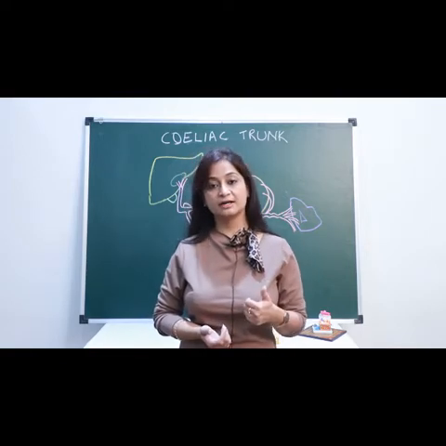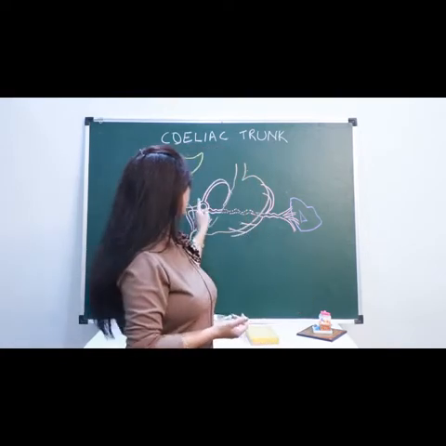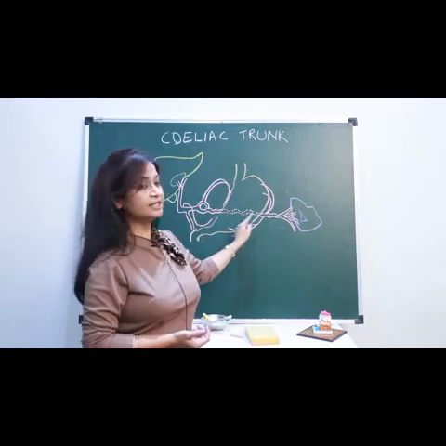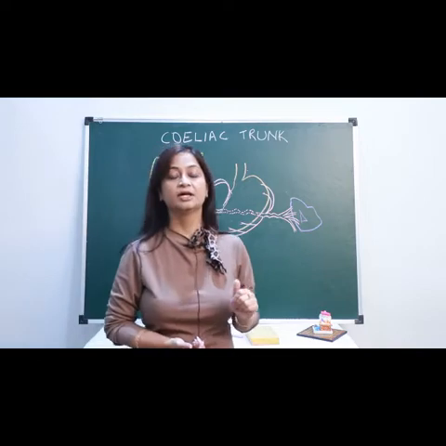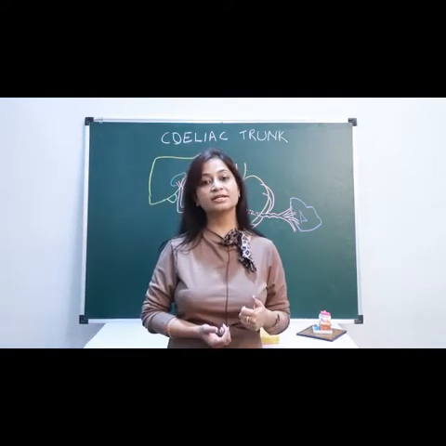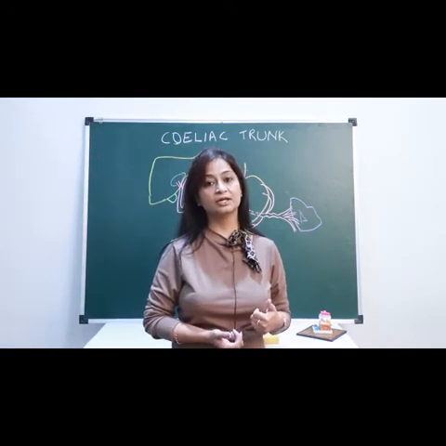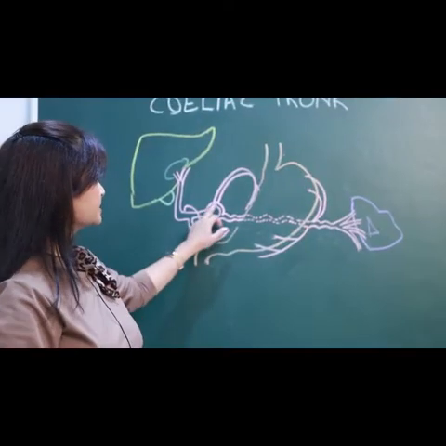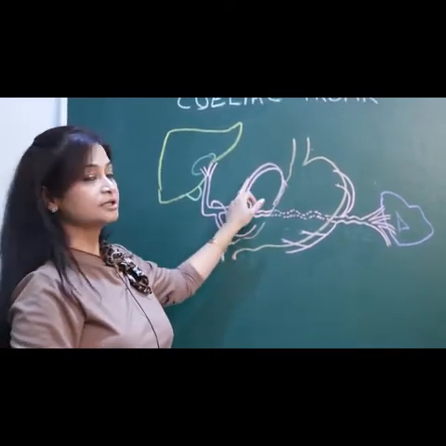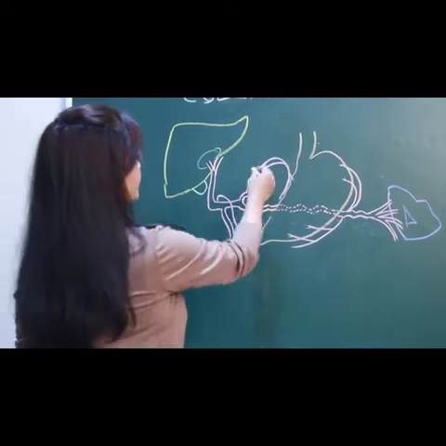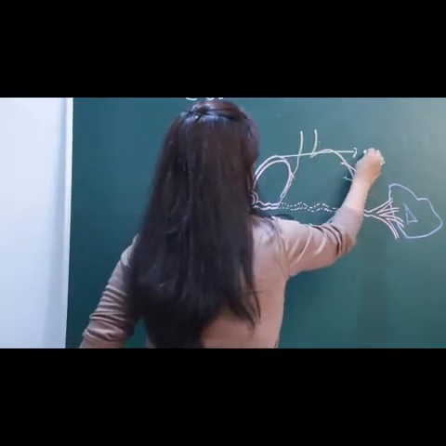These branches are the left gastric artery, the splenic artery, and the common hepatic artery. Now we shall deal with all these three branches one by one. The first, so this is the celiac trunk from which this arises, the first branch, that is the left gastric artery.